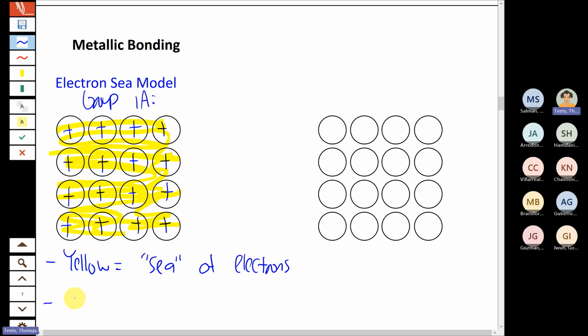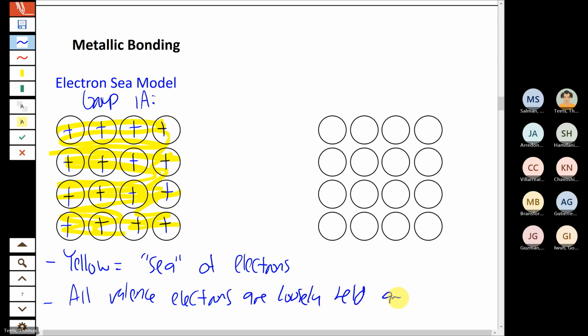So in these metal solids, your valence electrons are typically loosely held and delocalized. And those valence electrons are responsible then for keeping the metal atoms organized into those regular crystalline structures.